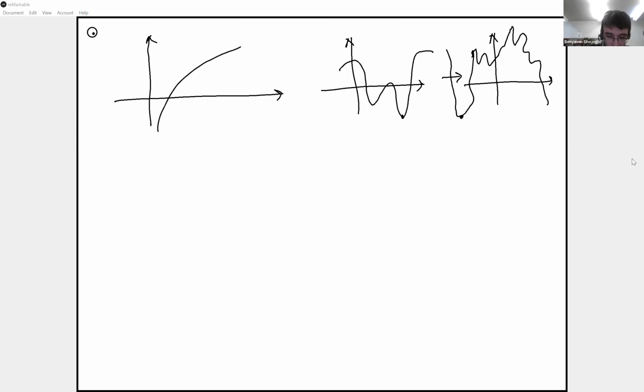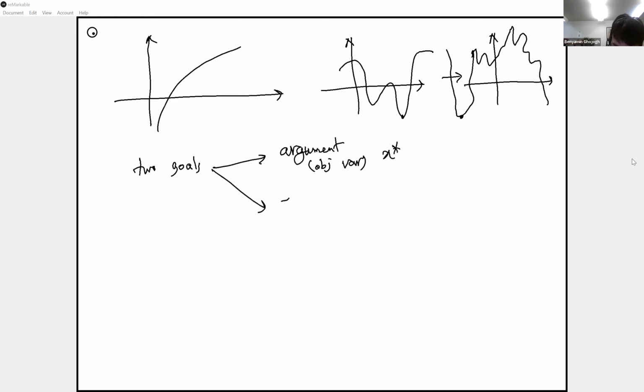Another thing you should note is that in optimization, you usually have two goals. Either you want to find the argument, the variable x star, or the f of x star is important for you.